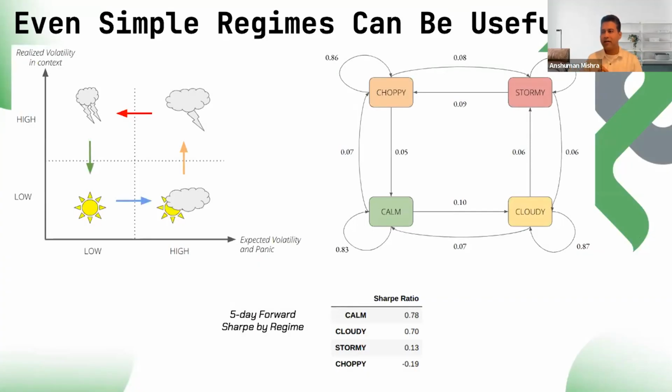One thing to remember is that market regimes can be as simple or as complicated as needed. For instance, a simple bull-bear regime can be defined as the index being above or below a 200-day moving average.